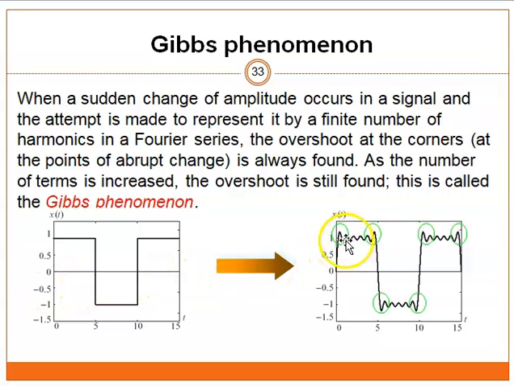When there is an abrupt change at the corner of the wave, like this one here, you have a change of amplitude from this point to this point. The one circled over here is called the Gibbs phenomenon, where the overshoot at the corners happens.